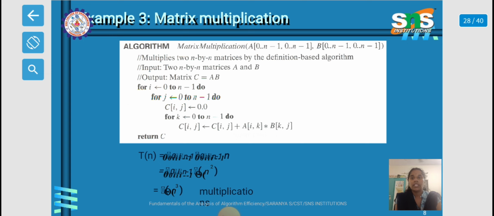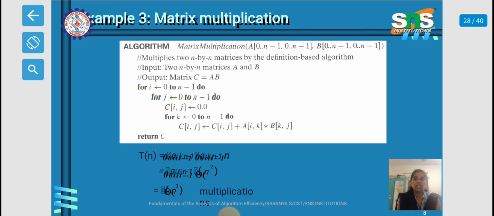M of n is equal to summation n minus 1, I equal to 0, summation n minus 1 by j equal to 0, summation n minus 1 by k equal to 0, into 1.